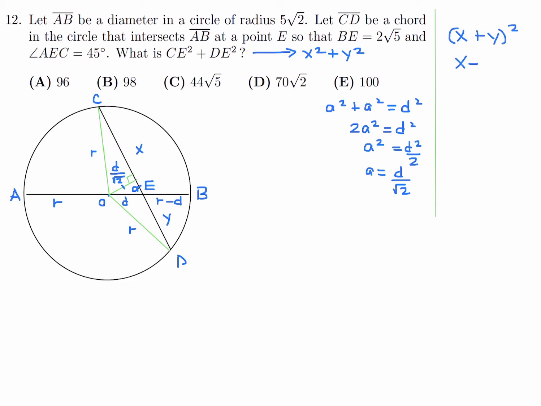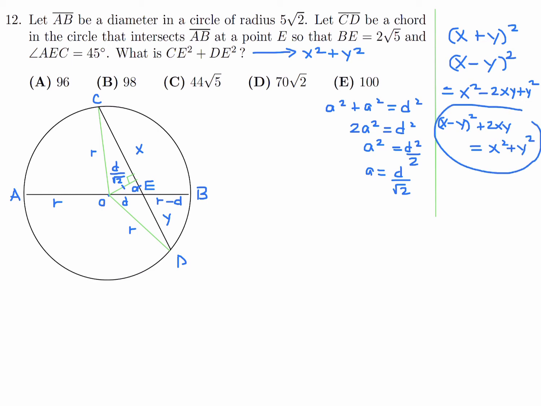Another way is to square x minus y. Correct? When you square, for example, x minus y, you get x squared minus 2xy plus y squared. And therefore, if we were to isolate x squared plus y squared, it would be x minus y squared plus 2xy would be equal to x squared plus y squared. So that's my strategy. I'm going to try to get it into this format.